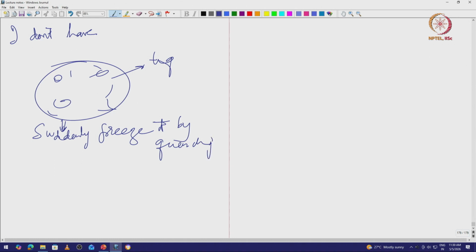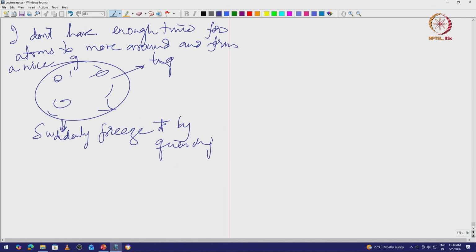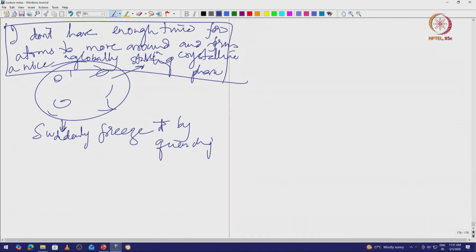So, then I do not have enough time for atoms to move around and form a nice globally stable crystalline phase. I suddenly came down to room temperature, and at room temperature atoms do not move much.